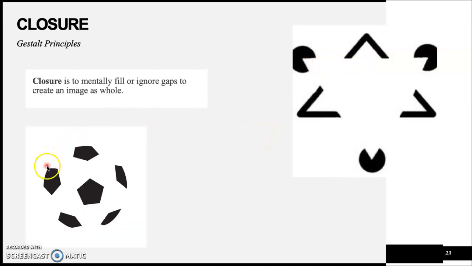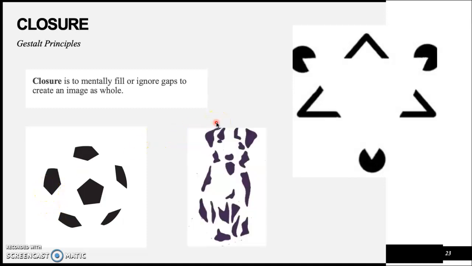Here in the soccer ball, you imagine that there is a line that goes all the way around here, when in actual fact, nothing exists. So you're seeing it as a whole. You're mentally filling gaps. Same with the dog here. There's actually nothing there where the white is, but you are filling it in with your brain. So this is called closure, because you close the image to make it a whole.